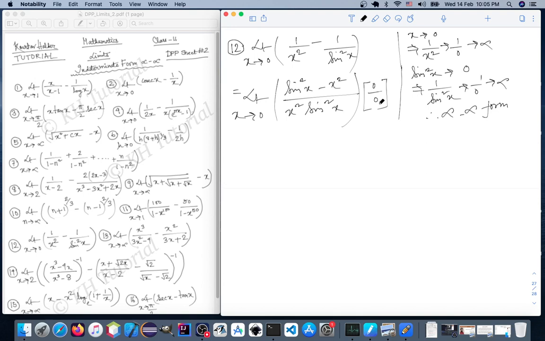Now at this point of time we can apply L'Hopital's rule, but in the denominator we have x square sine square x. It will create a lot of extra terms when we differentiate that.